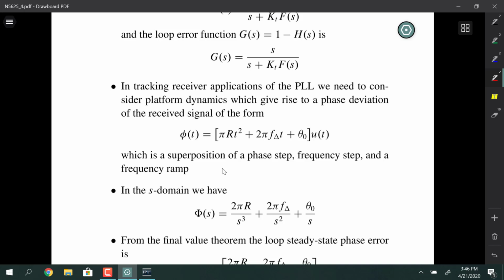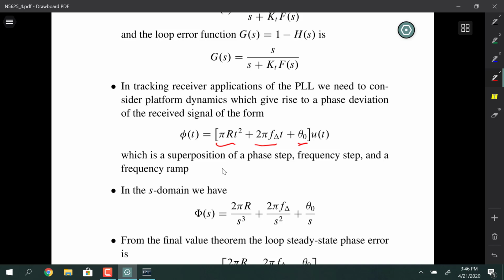We have a phase step component, a frequency step component, and a frequency ramp component. Actually, a real satellite will have a more complicated set of higher order derivatives that will be modeled best by the orbital mechanics.